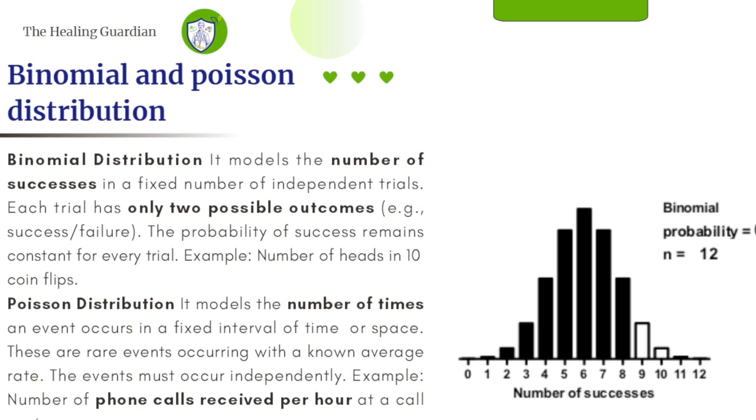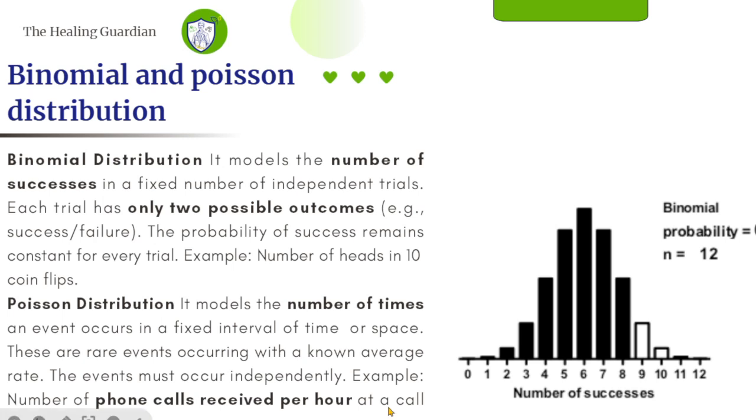There you are dealing with successes and failures. That is why I say that in binomial distribution, you only have 2 possible outcomes, either success or failure. So we are dealing with the number of successes. That is, if the test you are carrying out, you are looking at the successes.